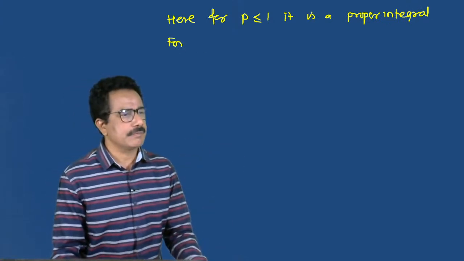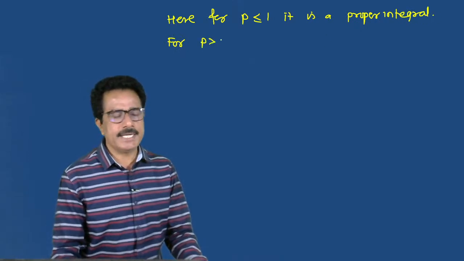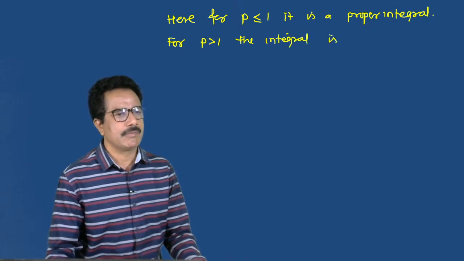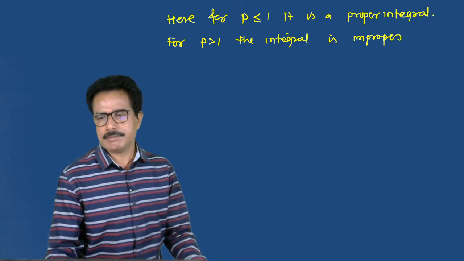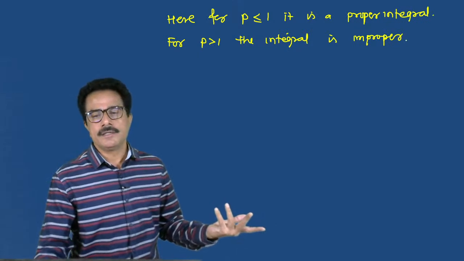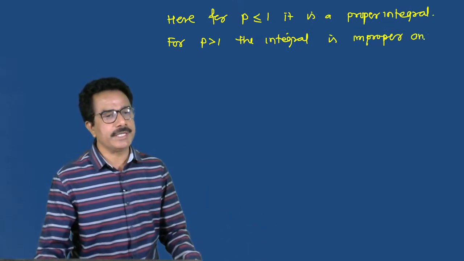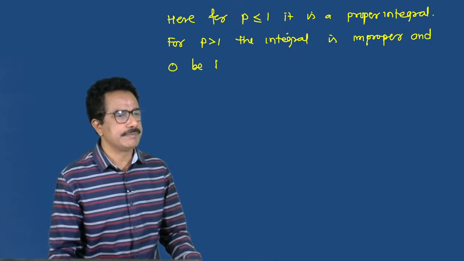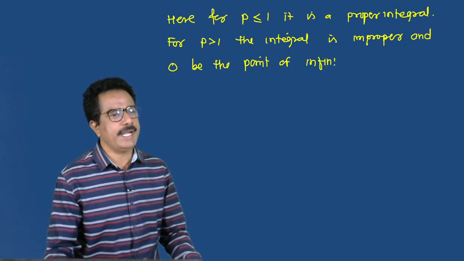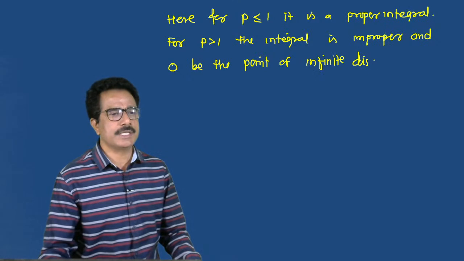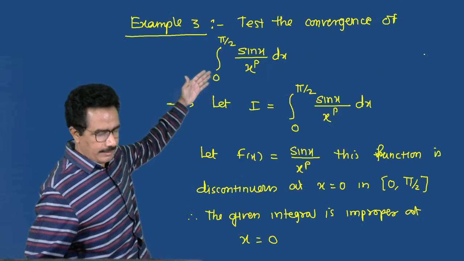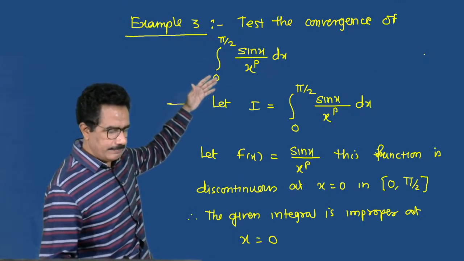For p greater than 1, the integral is improper, and 0 is the point of infinite discontinuity. Okay, you know that 0 is the point of infinite discontinuity.